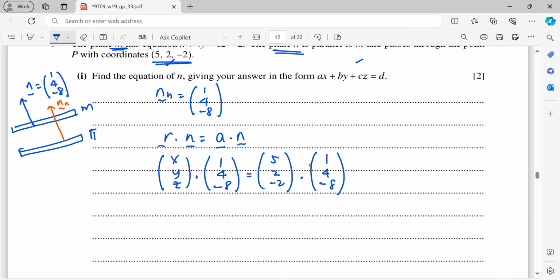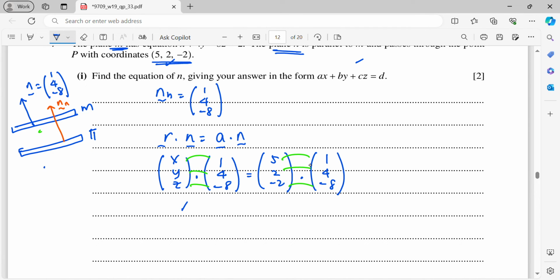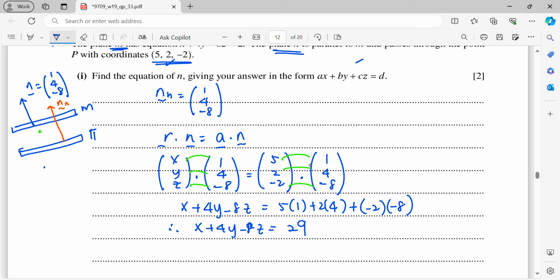For the dot product, we multiply and add together for both sides. So I will be getting x plus 4y minus 8z equals 5 times 1 plus 2 times 4 plus minus 2 times minus 8. The right-hand side gives 29. So therefore, the plane N has this equation.